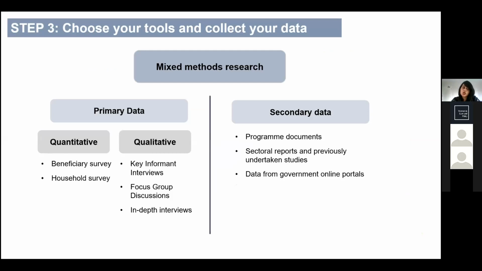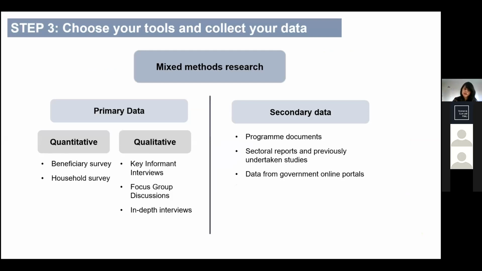First of all, we have the secondary data. Secondary data could be program documents. It could be sectoral reports, previously undertaken studies, data from government online portals, etc. Whereas primary data, in terms of the tools that could be used for the quantitative aspect, which is very numbers driven, data driven, could be a beneficiary survey wherein you go and ask the experiences of the beneficiary.